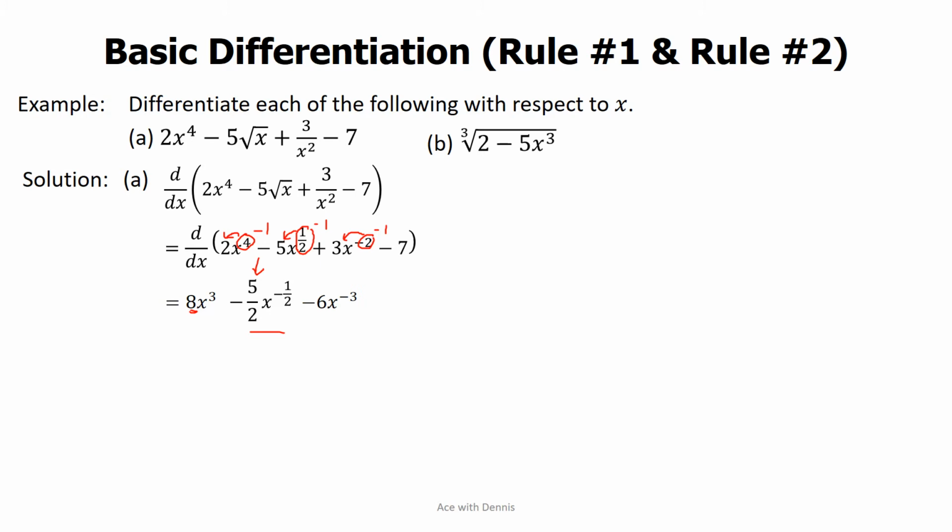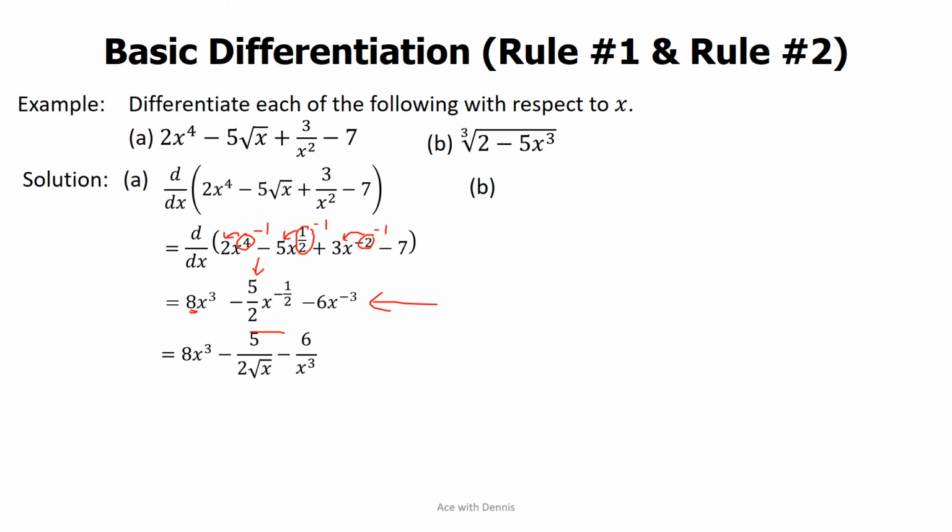Differentiation of a constant, we will get 0. Okay, then from here, I put the answer into the root and the fraction form. So at the end, the answer becomes 8x cubed minus 5 over 2 root x minus 6 over x cubed.